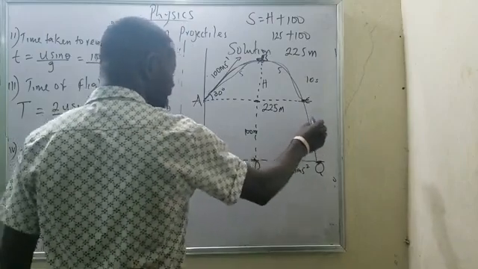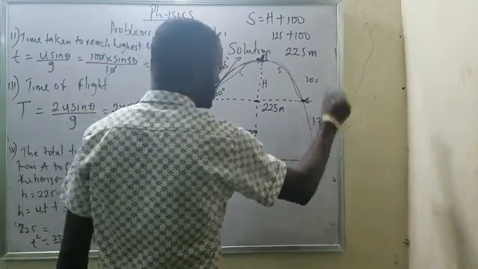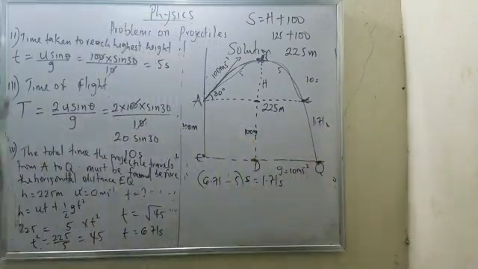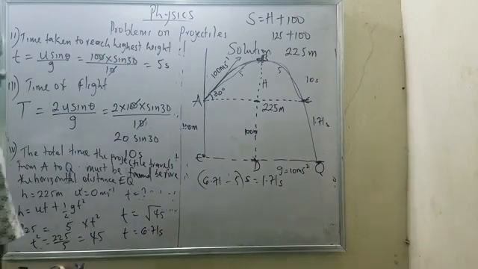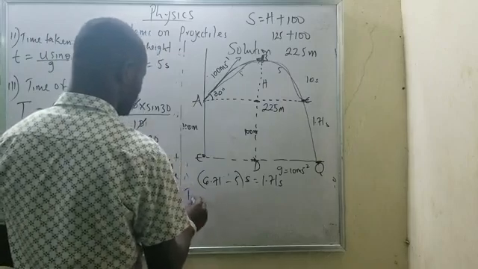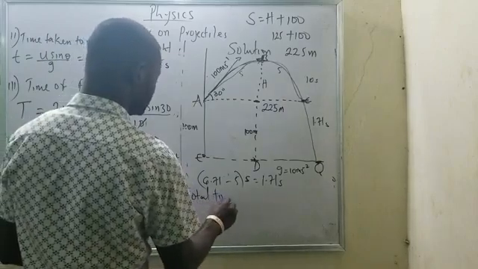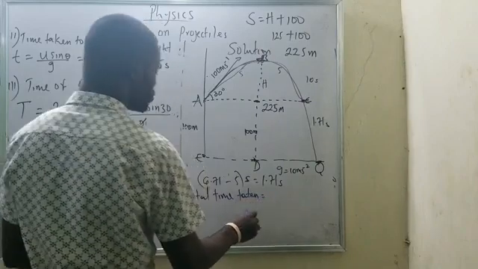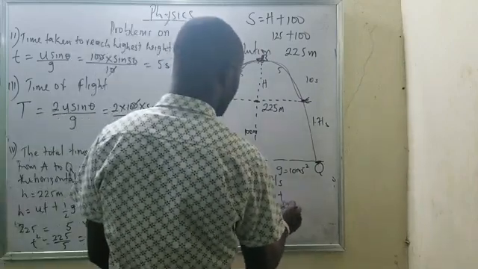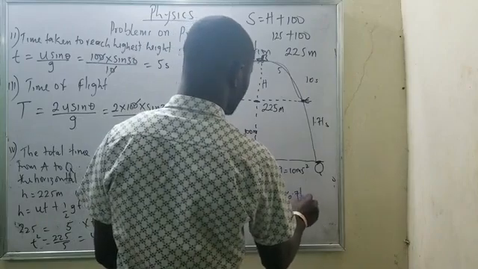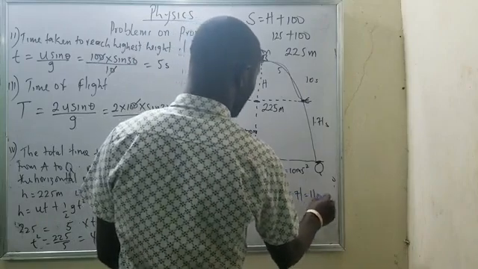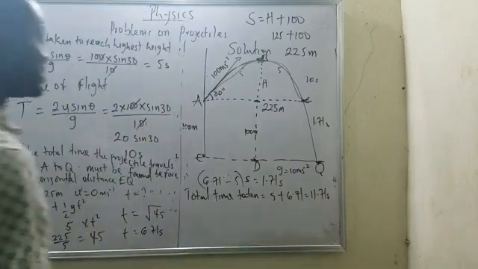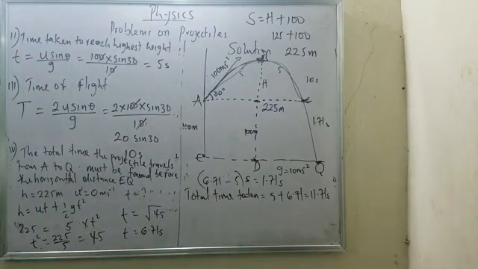It means the time here is 1.71 seconds. Now the whole time, the total time taken, will be equals to 5 plus 6.71, which is 11.71 seconds. That is the total time it takes to reach the ground.